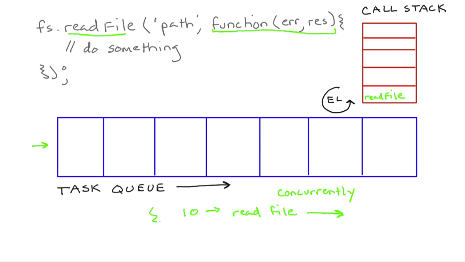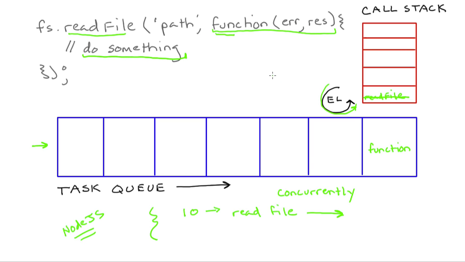So all of this is being handled concurrently by Node.js. Now, once we have a file, the Node.js runtime will take this function and put it at the beginning of the queue. So we'll just put that here as an example. And when it makes its way to the front of the line, the event loop will pick it up and our callback inside of here will start to execute.